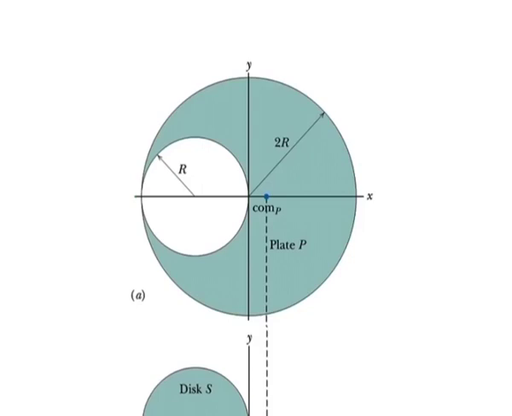The plate with the disc removed is not symmetric about the y axis. However, because there is somewhat more mass on the right of the y axis, the center of mass of the plate must be somewhat to the right of the axis. Thus, the location of the center of mass of the plate should be roughly as indicated in figure A.